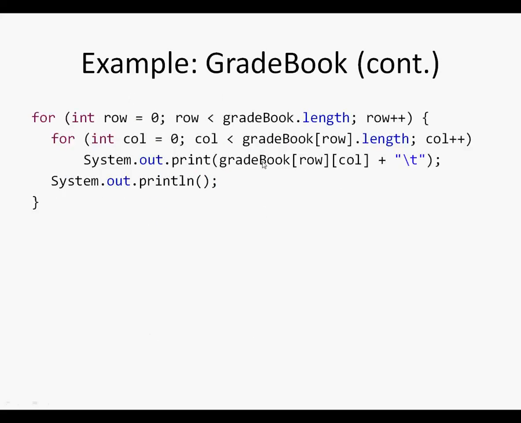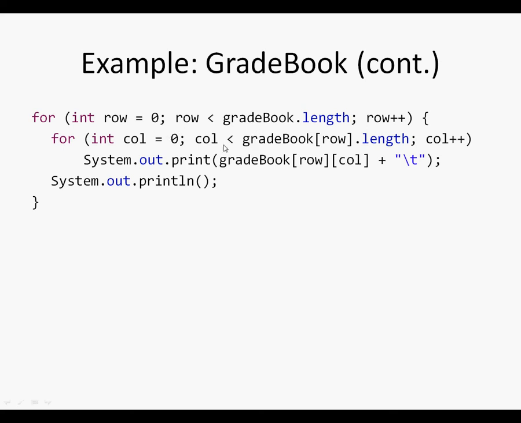Now, if we wanted to print everything out, a great way to do that is with a nested for loop. So that outer for loop is going to cycle through the rows. The inner for loop is going to cycle through the columns in each row. Okay, so here we're using the length variables to do that. Our outer for loop goes from row 0 up to but not including the number of rows, which is gradebook.length.